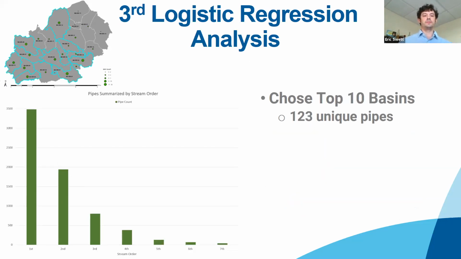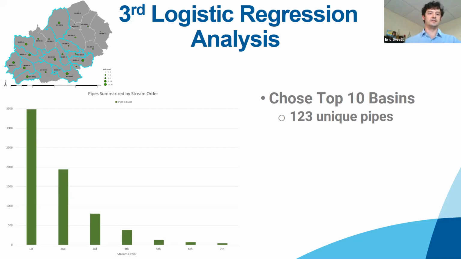So being concerned about the size of the model or not having enough records, I chose, again, the top 10 sewer basins in Beaver Ruin, and they accounted for more than half of all the occurrences. So I had 123 unique pipes that had an SSO.